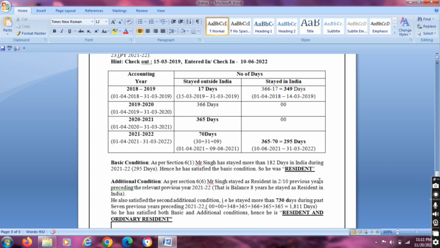That means 1,811 days he stayed in India. So, he has satisfied both basic and additional conditions, hence he is resident and ordinary resident. This is the method of determining the residential status of an individual. Okay, thank you.